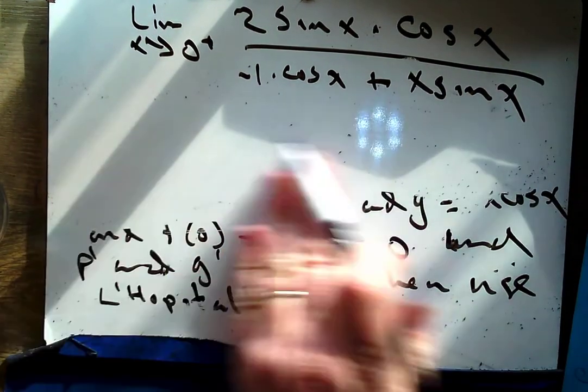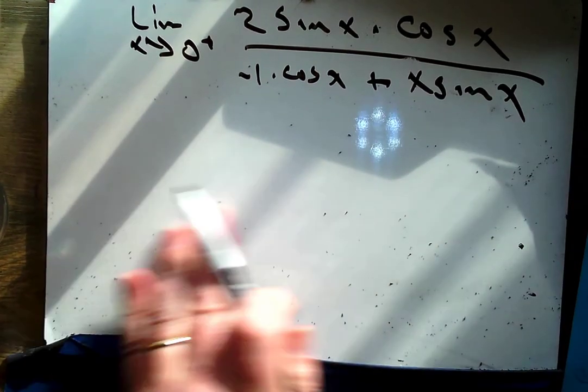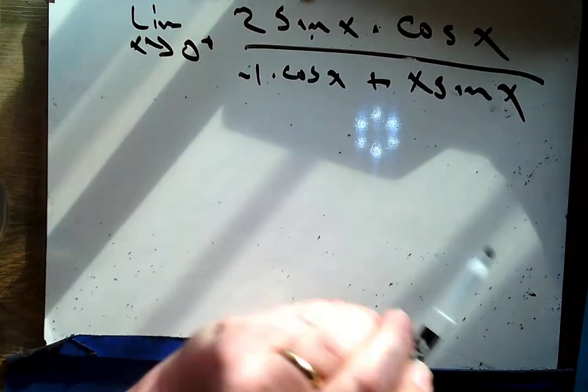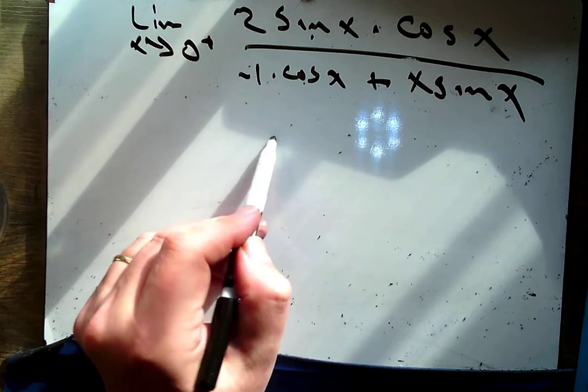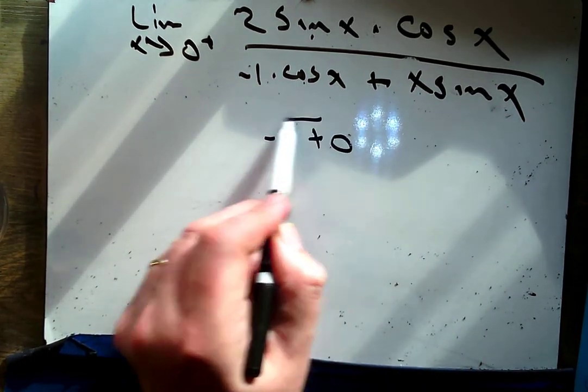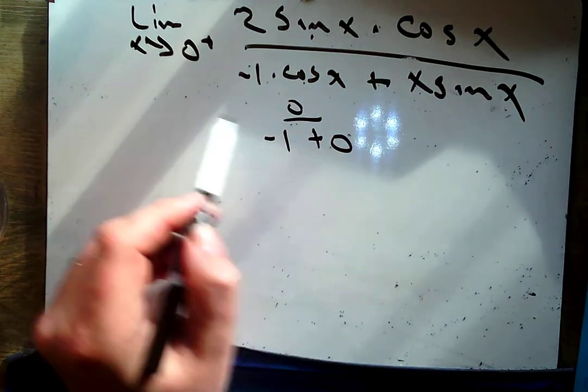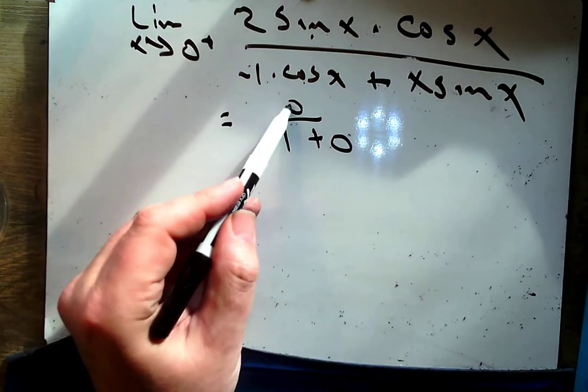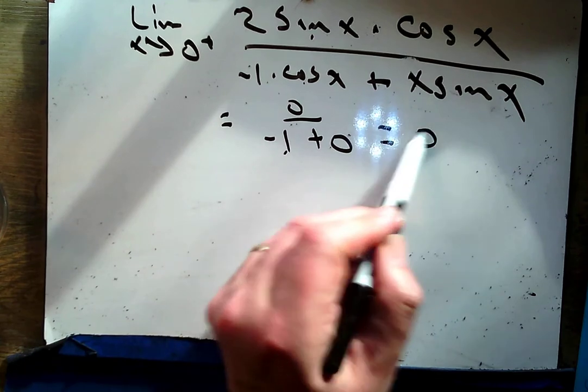Okay, so what happens when we plug our 0 in now? That's going to be a 0 on the top. That's going to be a negative 1. And the sine of 0 times is 0. And that looks like 0 over negative 1, which is 0.